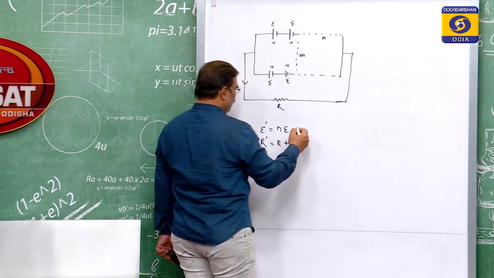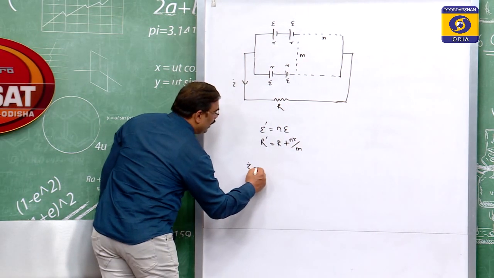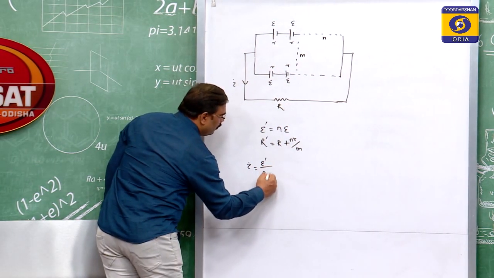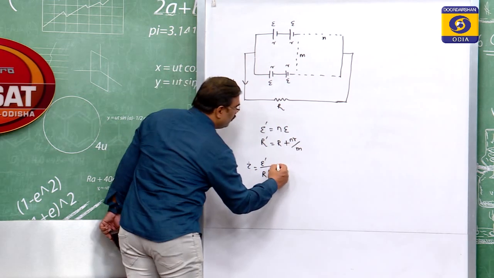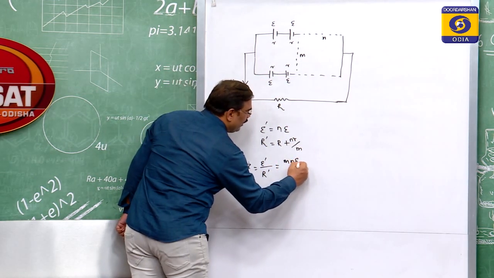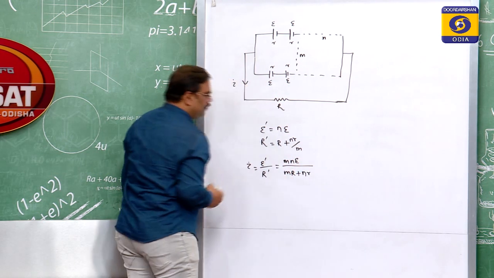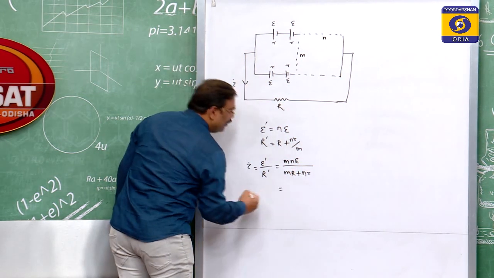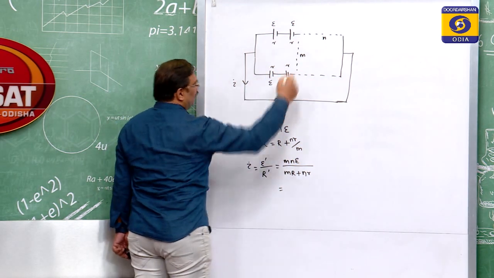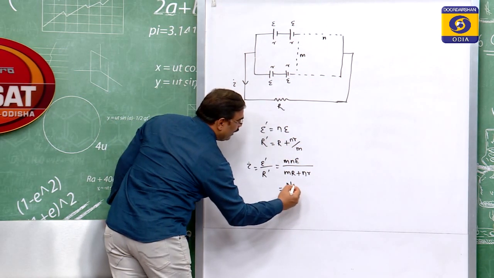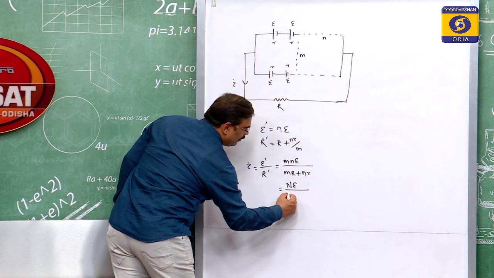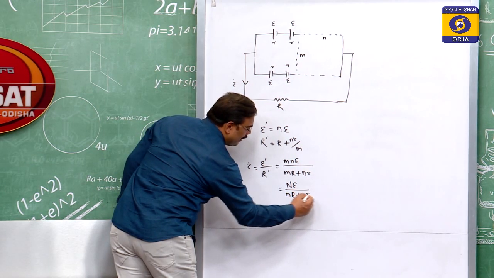Therefore, the current in the circuit I will be equal to E dash over R dash. So this will be mnE divided by mR plus nr, and we can write mn as the total number of cells present here, that is my capital N. So, N E divided by mR plus nr.